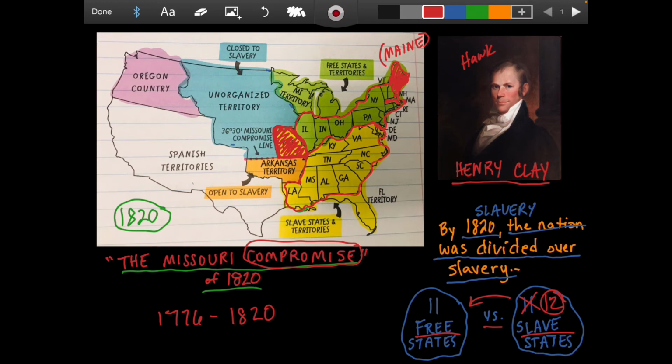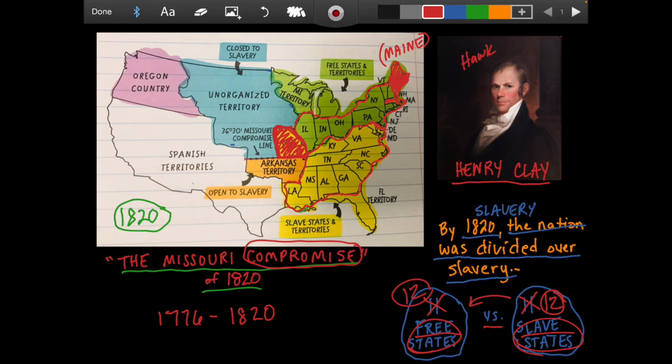Henry Clay had the idea that if Massachusetts would be willing to let go of the territory of Maine and allow it to become a state, then that would keep the balance even at 12 free states versus 12 slave states. And this idea worked.